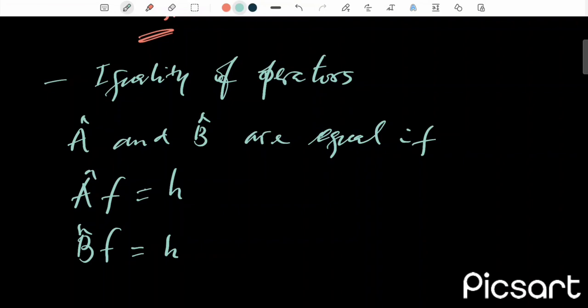Then we say that A and B operators are equal.